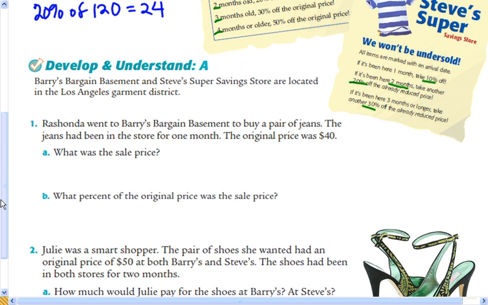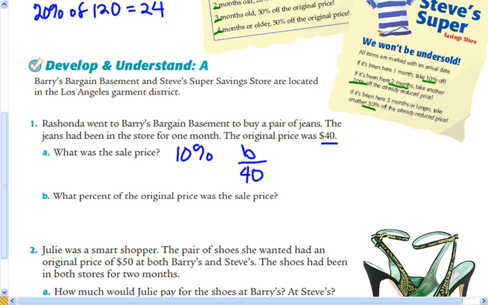Rashonda went to Barry's bargain basement to buy a pair of jeans. The jeans had been in the store for 1 month. The original price was $40. What was the sale price? So Rashonda is going to get 10% off. Well, if we think about what 10% is of $40, that's the proportion where we have the part over the whole.